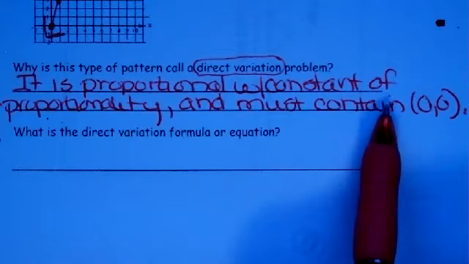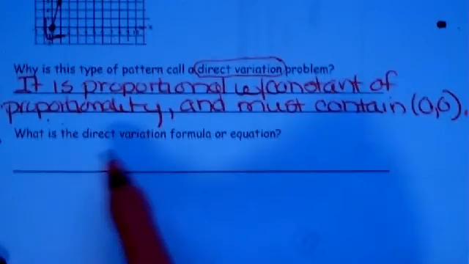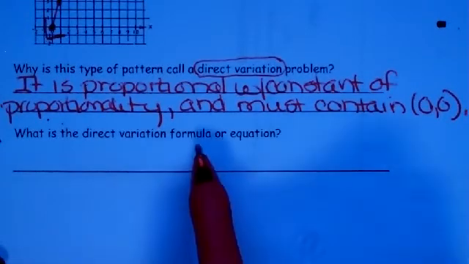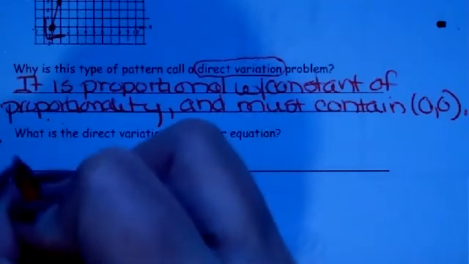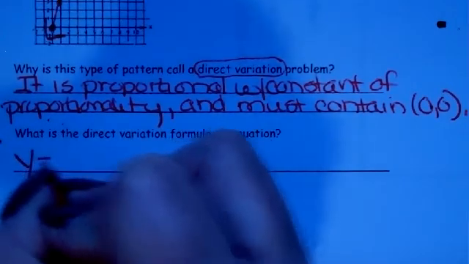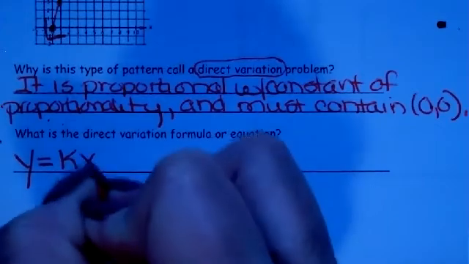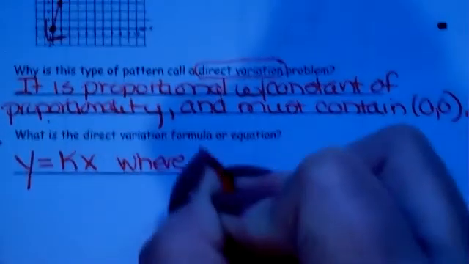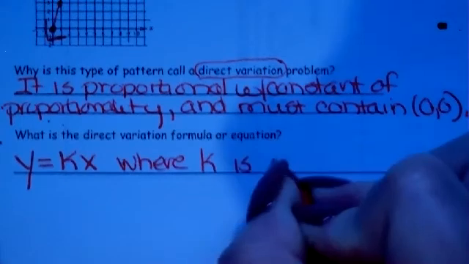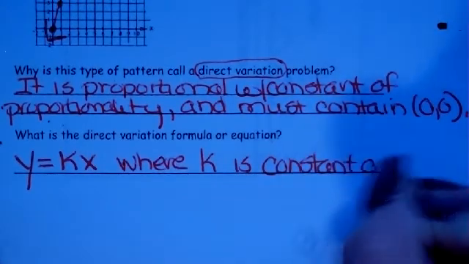Okay, now I want to connect a little bit more right here, where it says, what is the direct variation formula or equation? You were taught in 7th grade advanced math y equals kx, where k is your constant of proportionality.